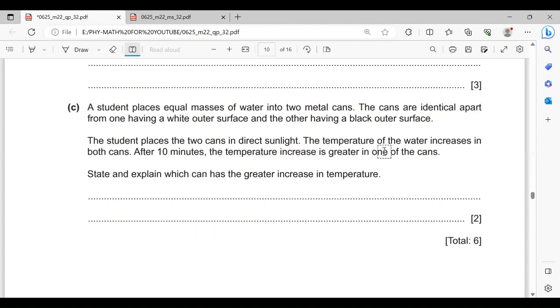The temperature of the water increases in both cans. After 10 minutes, the temperature increase is greater in one of the cans. State and explain which can has the greater increase in temperature. Okay, so C, of course, the black can.